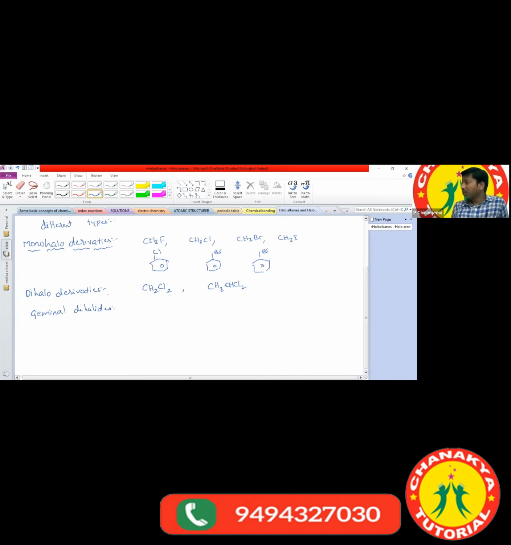What do geminal dihalides mean? If two halogens are attached to the same carbon atom, it is called a geminal dihalide. If two halogens are present on neighboring carbon atoms, it is called a vicinal dihalide.